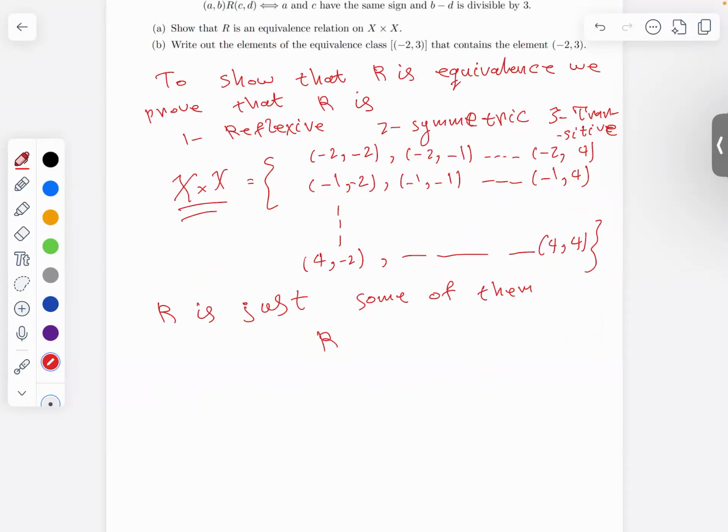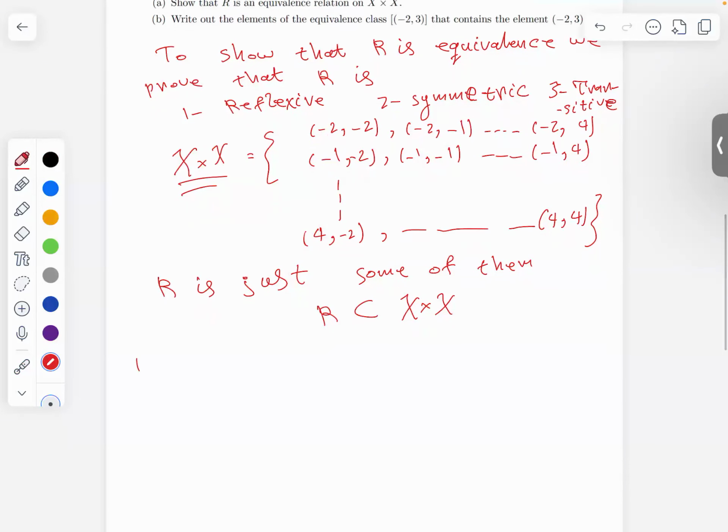In fact, R is a subset of X times X, and it has the features of reflexive, symmetric, and transitive. Let's prove the reflexive. We want to prove that any arbitrary member (A, B) of X times X has relation with itself under this relation.